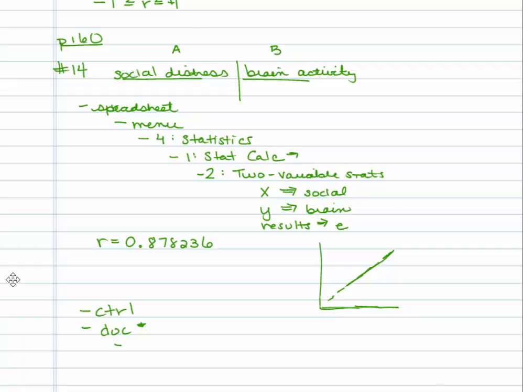And we want to go to 5, which is add data and statistics. And that will just give you dots all over the place. I wouldn't count that as a scatter plot just yet. You have to add the variable along the x-axis. I would put the social, and then the y-axis I would put the brain, and that will give you what a scatter plot would look like.